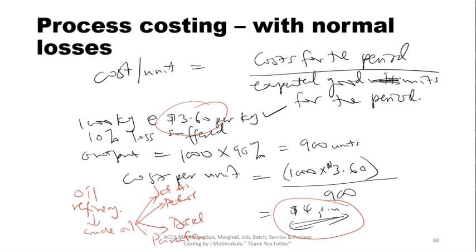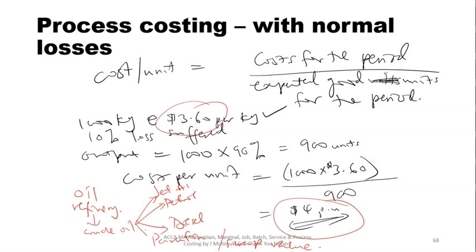So in that case, the normal loss has some scrap value, and that value is actually part of the recoveries. Let us consider a situation where we've got a normal loss with some scrap value.